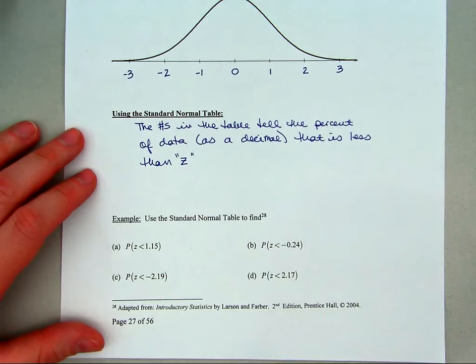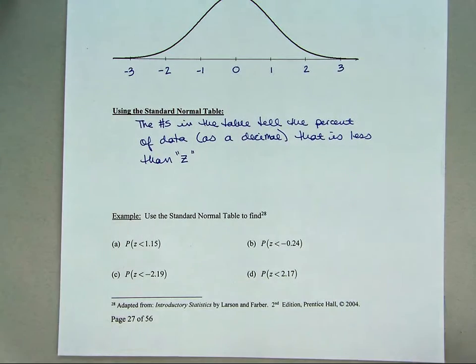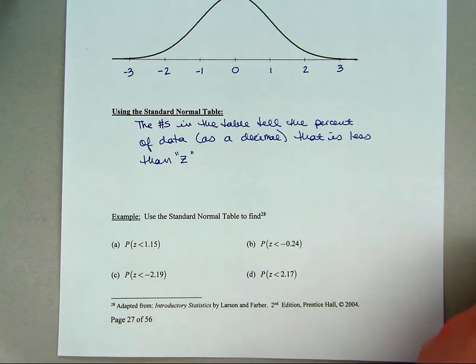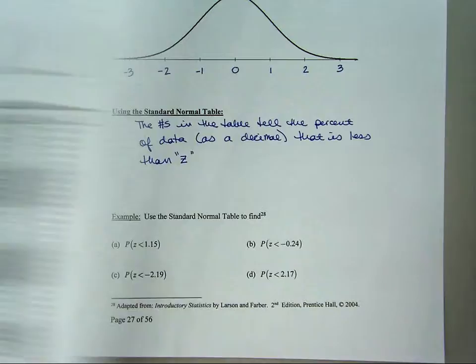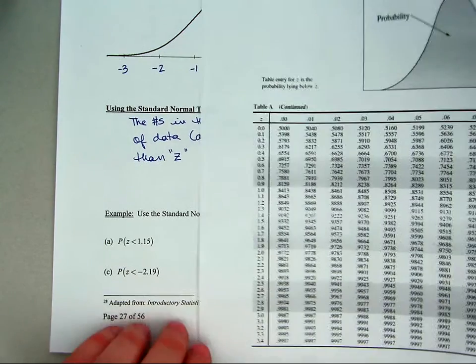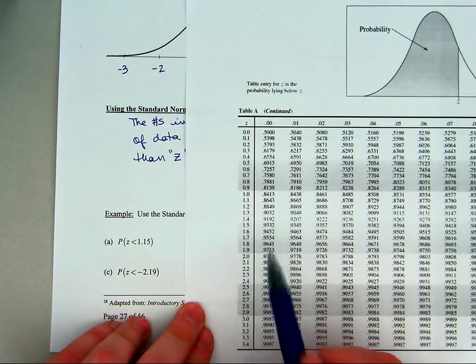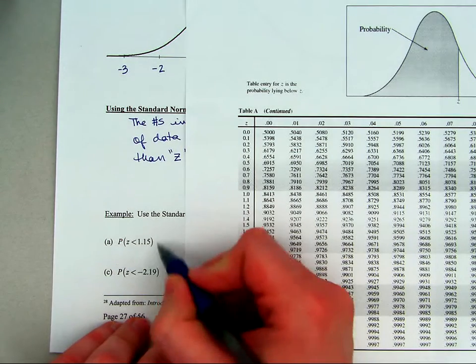But looking at the examples on the bottom of the page, we're asked to find the percent of data where all the values are less than 1.15. Well, we're going to go to our standard normal table on the next 2 pages. In particular, I'm going to go to page 29. To read this table, the table tells me all the percent of the population where the values are less than a specific number.